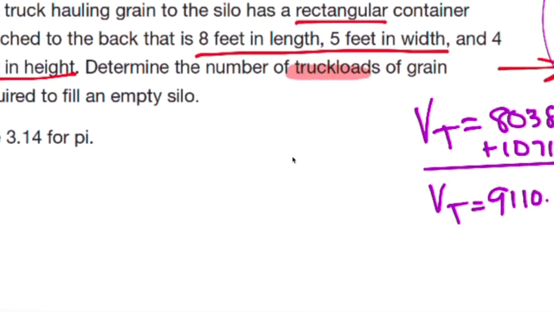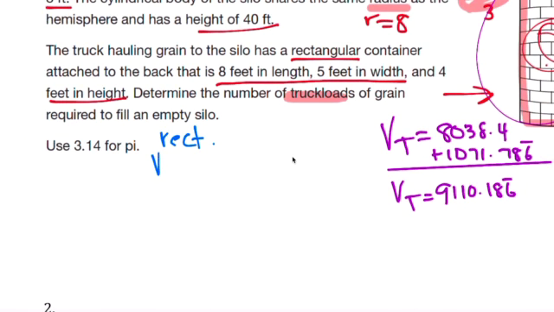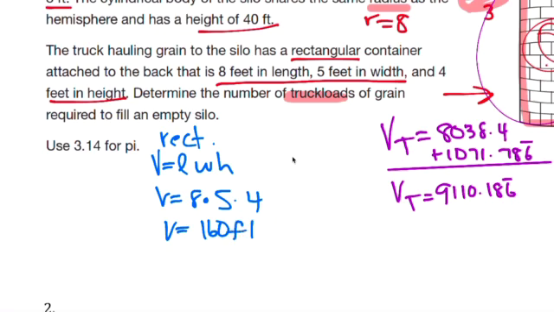The truck has a rectangular container. So the volume of that is length times width times height. The length is 8 times the width of 5 times the height of 4. Multiply that, you get 160 feet cubed.